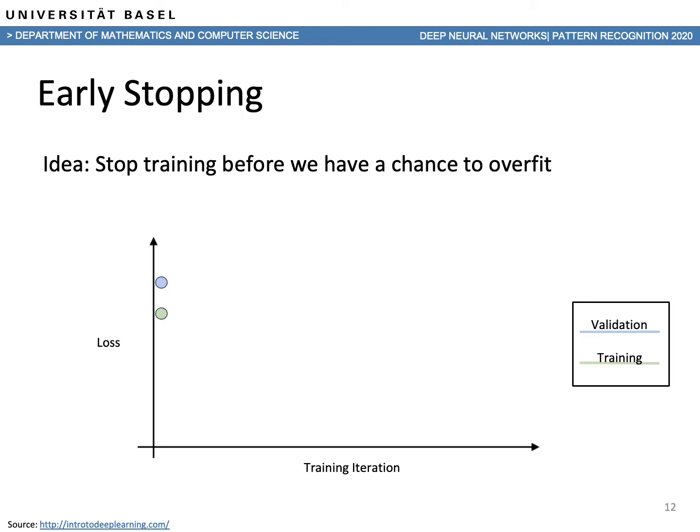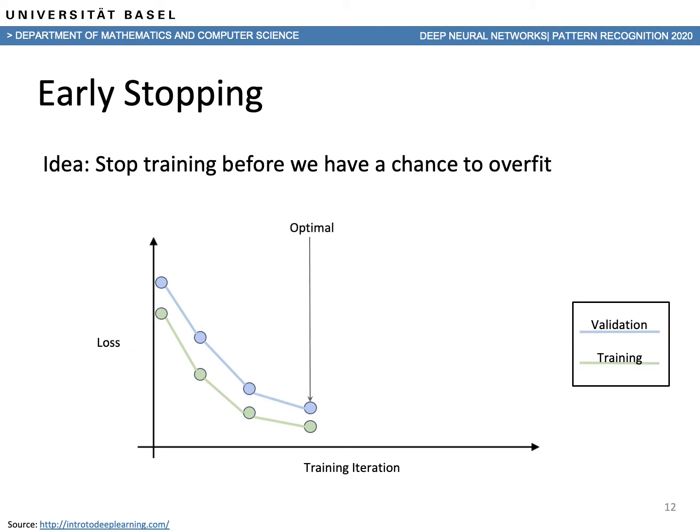Early stopping does exactly what the name suggests, which is to stop training early, meaning that we stop before we have a chance to overfit to our data. So here is just a dummy example where we look at the loss, both for the validation and the training error, and here is the number of iterations. Over time, hopefully both your validation and training error become lower.